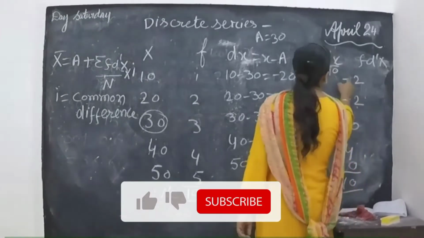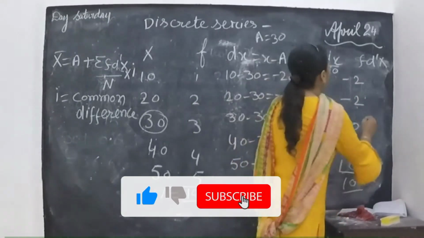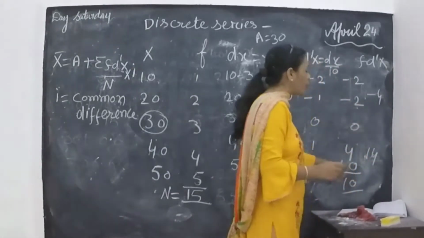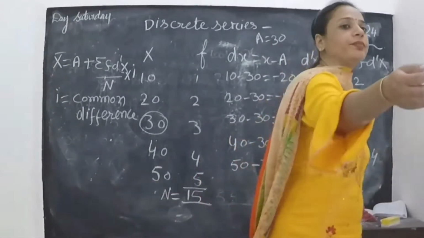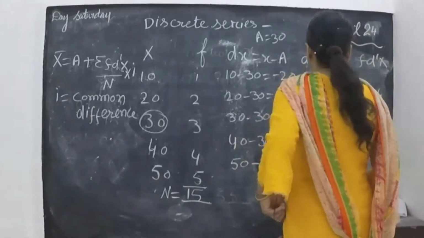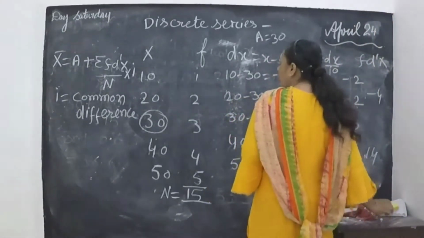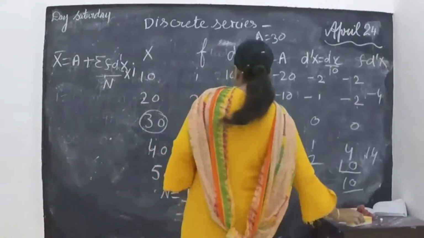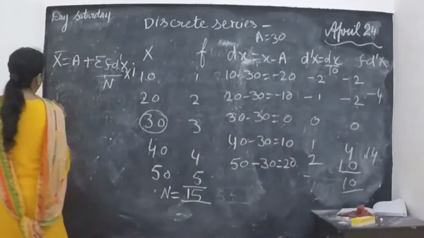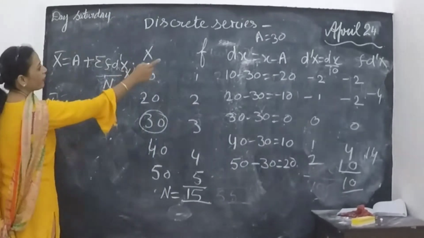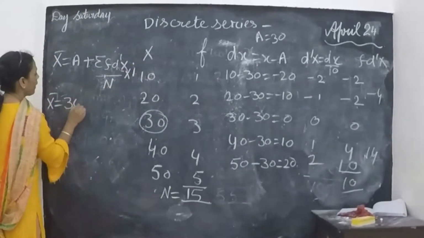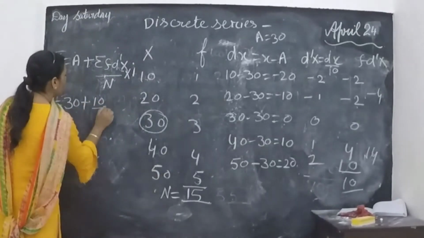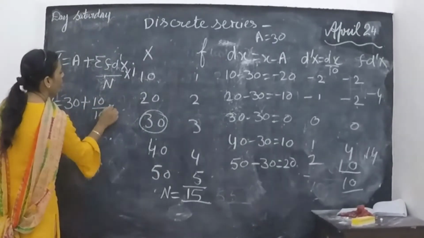Minus 4 and minus 2 and minus 2, 4. And this is 14. Subtract 4 from 14, you will get 10. Now apply this formula. Now put these values into this formula. Here we have taken a as 30, f d dash x is 10, n is 15 and I is 10.